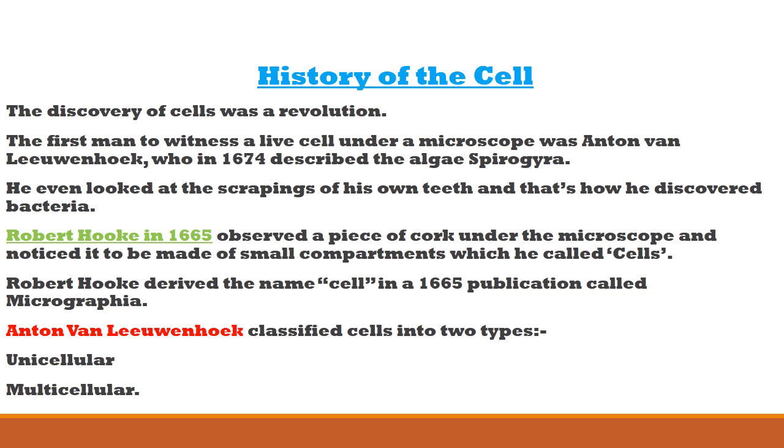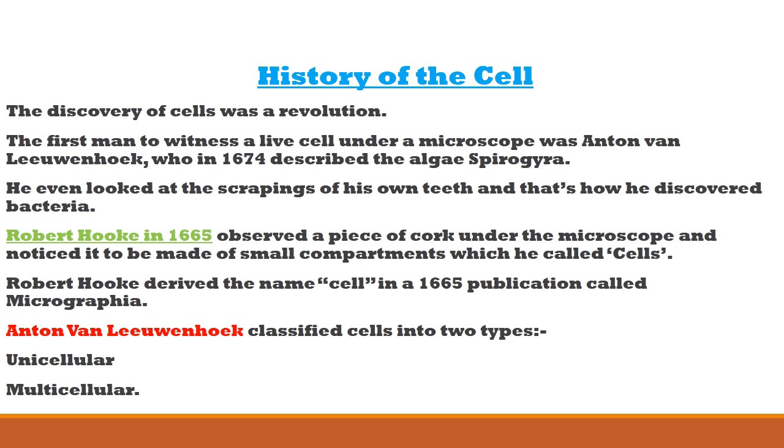But before him, in 1665, Robert Hooke observed a piece of cork under the microscope and noticed it to be made of small compartments, which he called cells. And Robert Hooke derived the name cell in a 1665 publication, Micrographia.